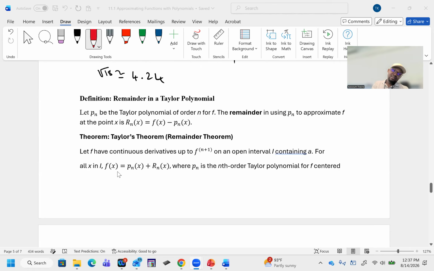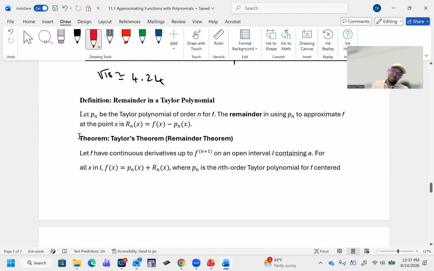Okay, so I will bring this theorem down.